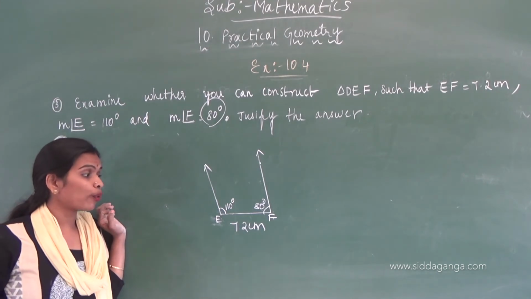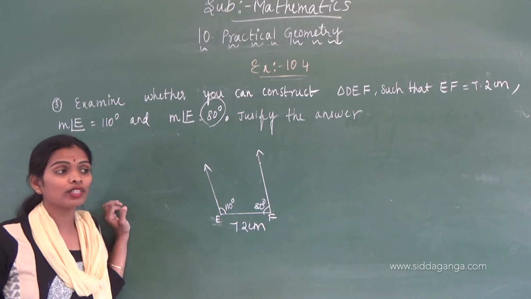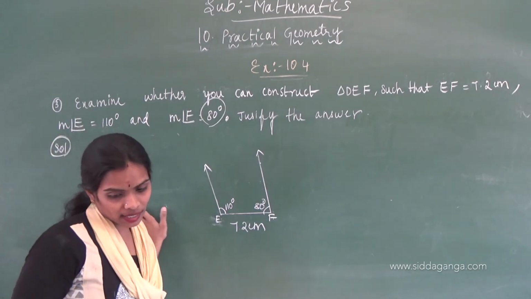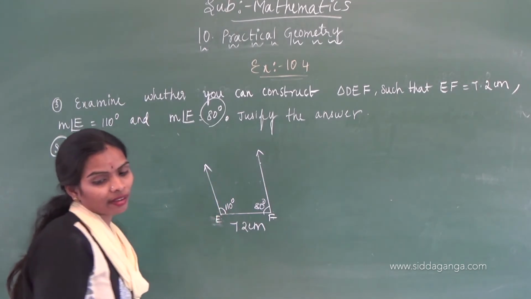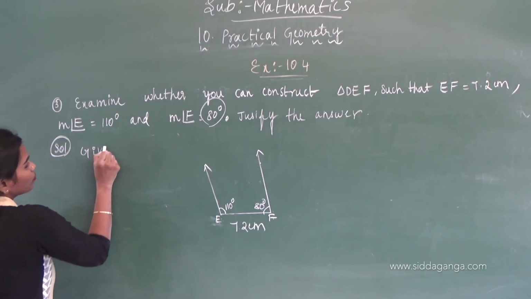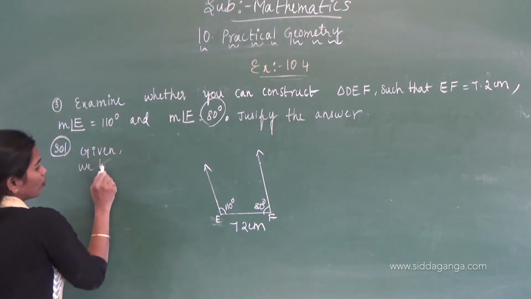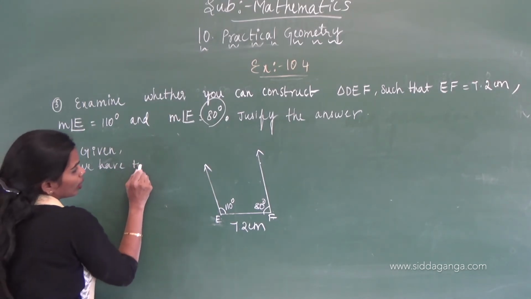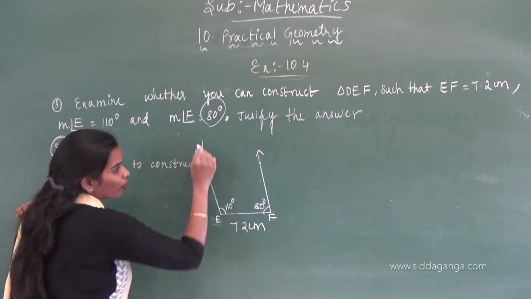EF equals 7.2 centimeters, angle E equals 110 degrees and angle F equals 80 degrees. Just whatever they have given in the question, just write that one. Given, we have to construct, roughly you have to draw this one.